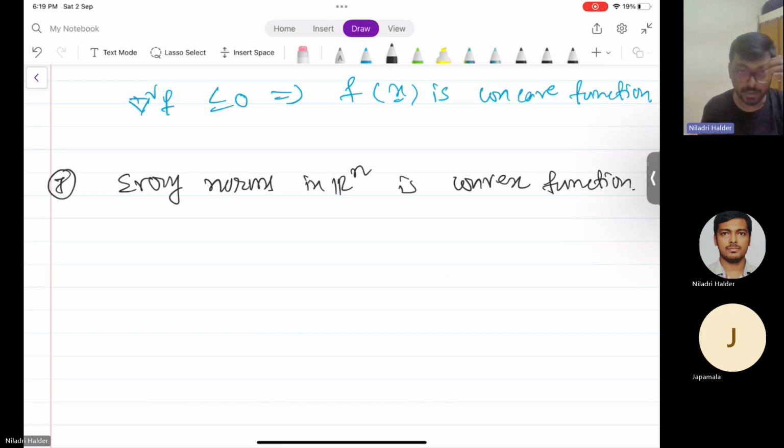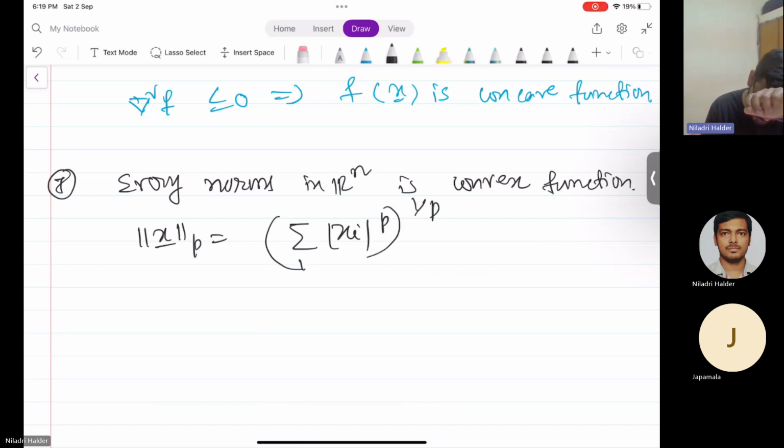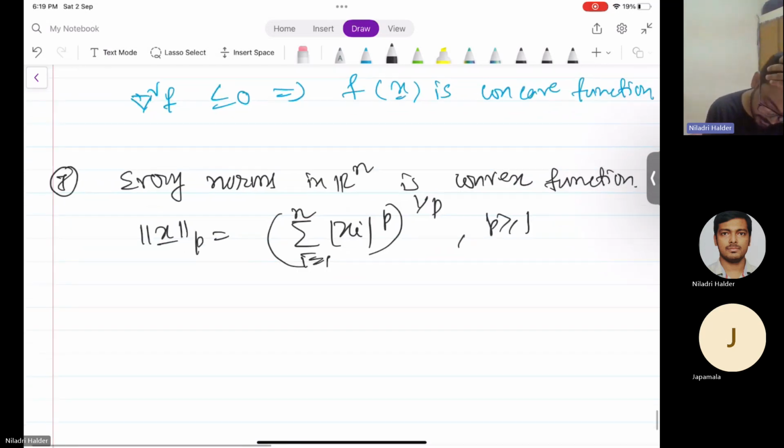That also maybe I've told earlier. So the Lp norm is defined as the sum of |xi| power p, divided by, 1 power p, i equal to 1 to n, where p is greater than or equal to 1. So every norm is a convex function.